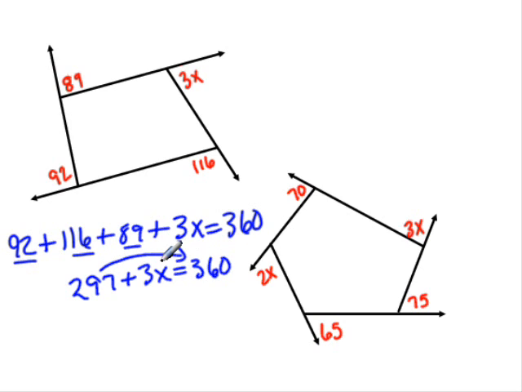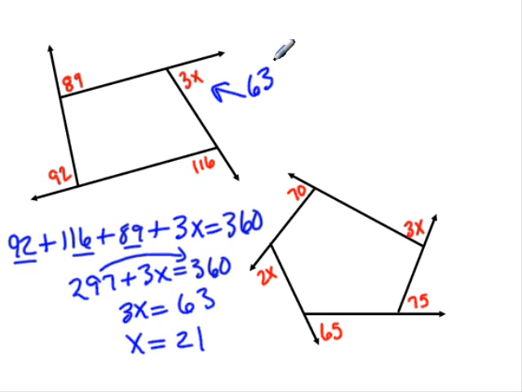If we move over our 297, we have 3x is equal to 63. Thus, x equals 21. Now, sometimes they may say solve for x and or solve for the missing angle measure. Well, if x is 21, we now know that this angle is 63 degrees by plugging 21 back in.